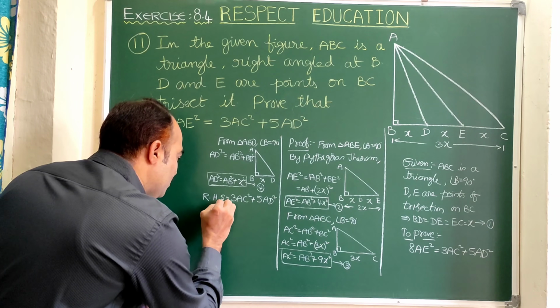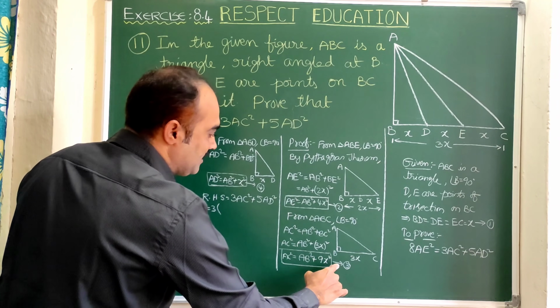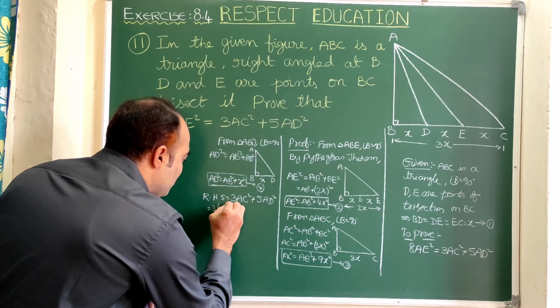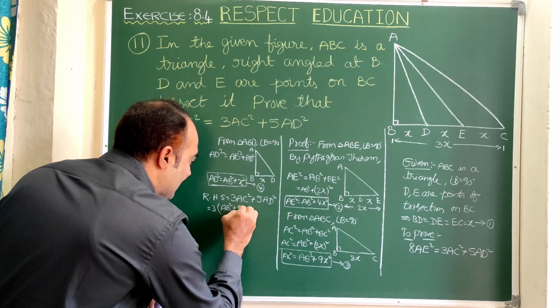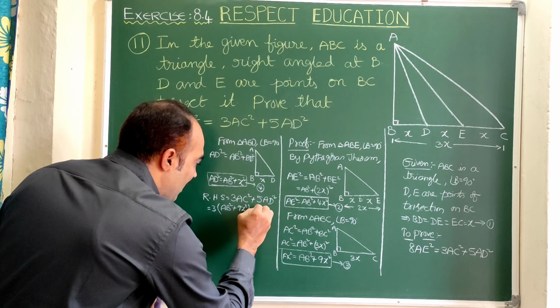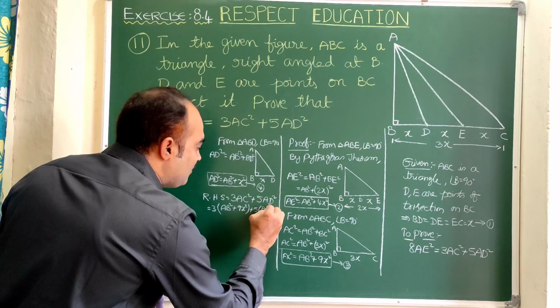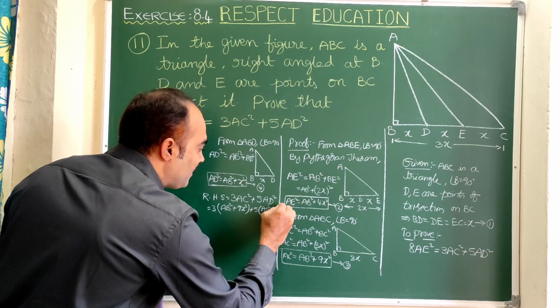So 3 into, here you see from equation 3 AC square is AB square plus 9x square. So I am writing AB square plus 9x square plus 5 times AD square. Here AD square is AB square plus x square.